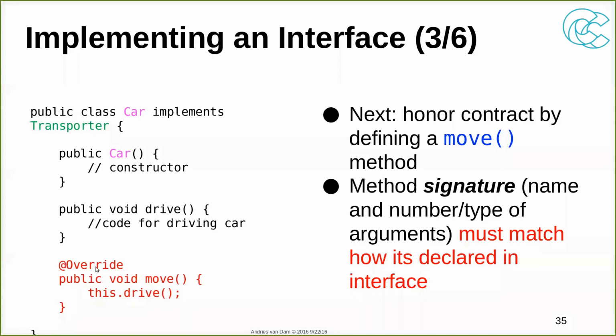When you say override here, that is specific to just the method that follows it, which is move. So even if we write this drive method below this move method, it will be counted as the Car class's method only, because override has a scope. Yeah, that's right. Override is applicable only to the immediately following method. Okay, thanks.